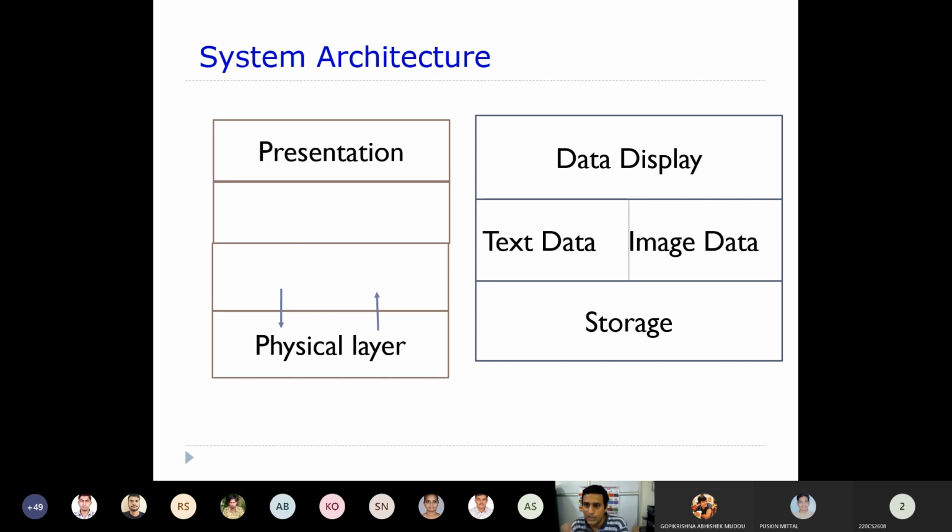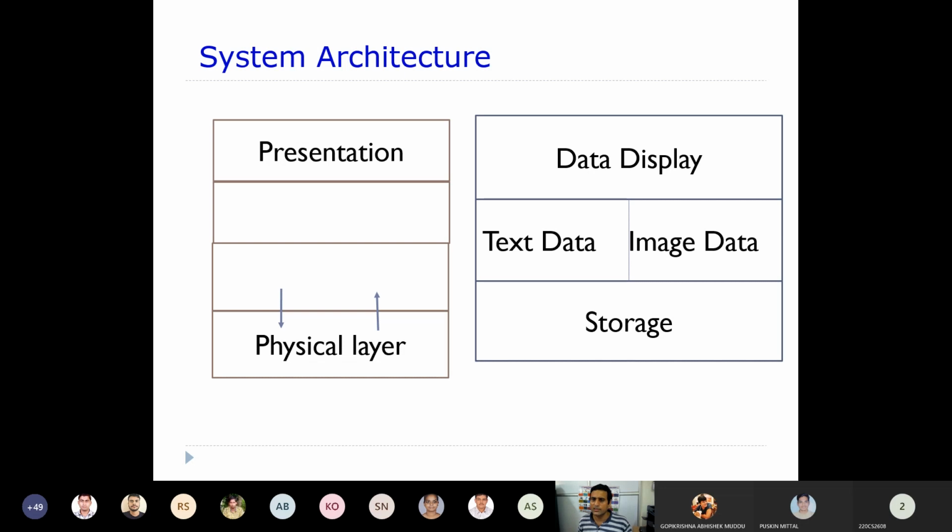There is another example on the right side, where you can find the layered approach as well as the vertical one. The whole system is divided into 3 layers, and the second layer is further partitioned into 2 subsystems. Let's say there is a data display and there is a storage.